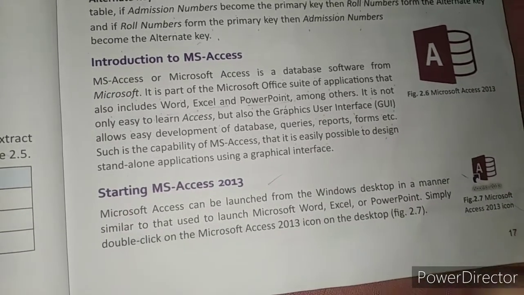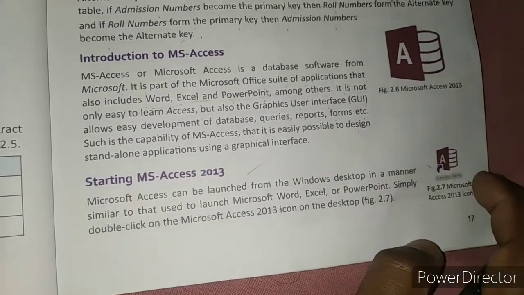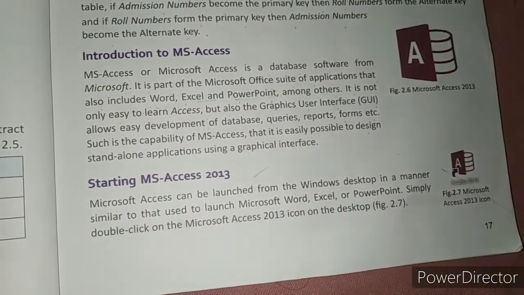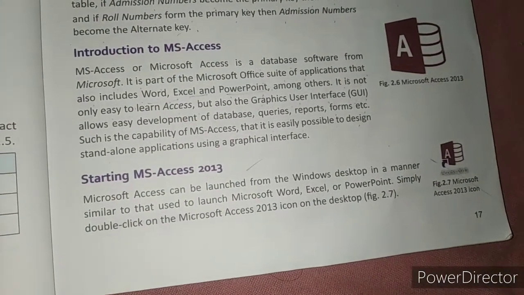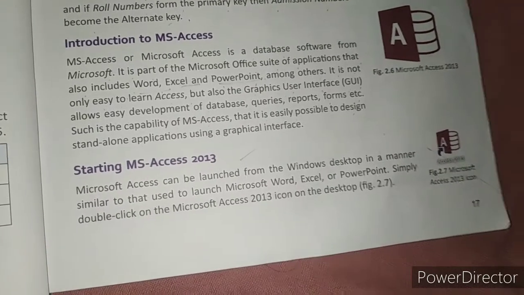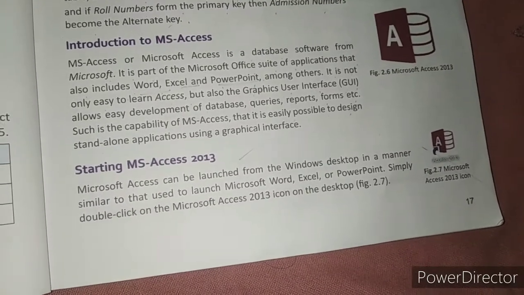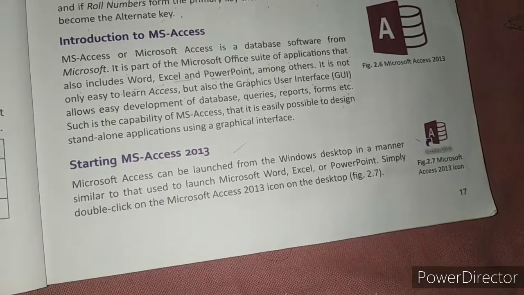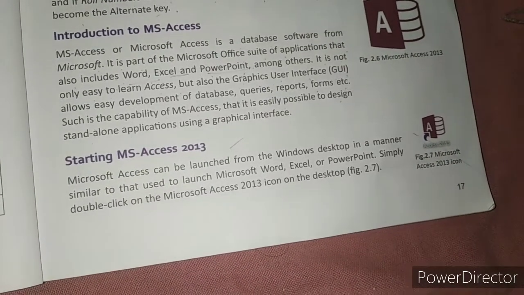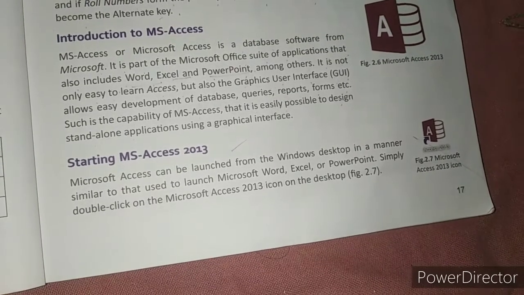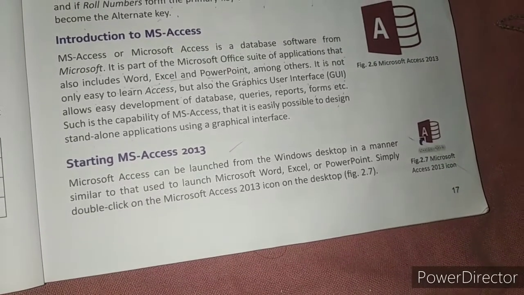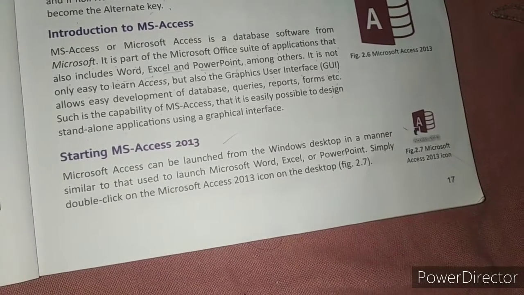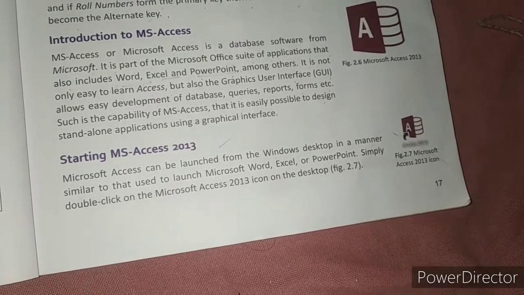Now starting MS Access 2013. First of all, how can we start? As we know, it is found in the MS Office package. So first of all, click on the start button of the computer system, after that click on all programs, and after that click on MS Office, and in this MS Access will be there.